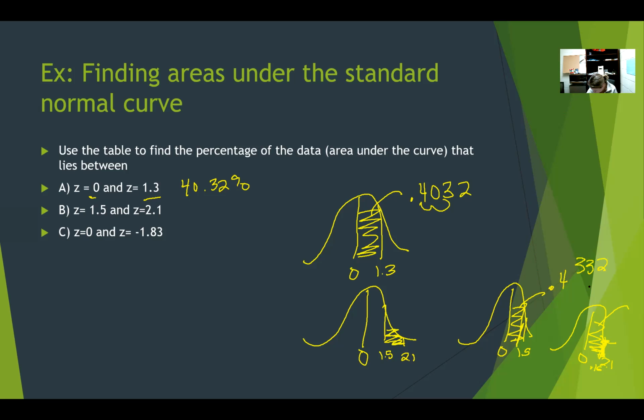And then if you look up 2.1, you get 0.4821. Okay, and so we're going to subtract these numbers. So 0.4821 minus 0.4332, and you get 0.0489. And again, we want a percentage, so we move this 2 places to the right, and you get 4.89%.